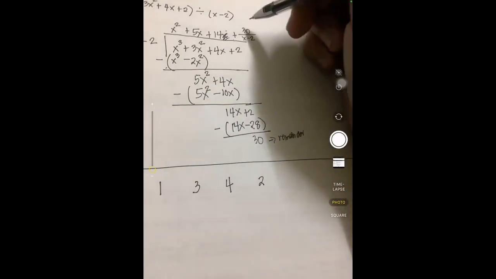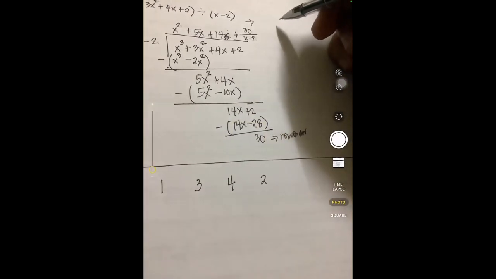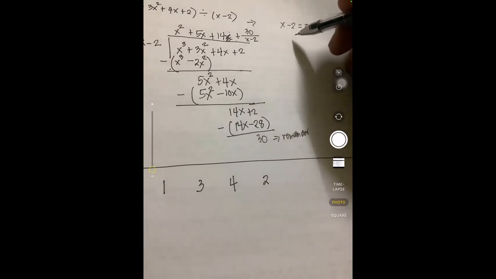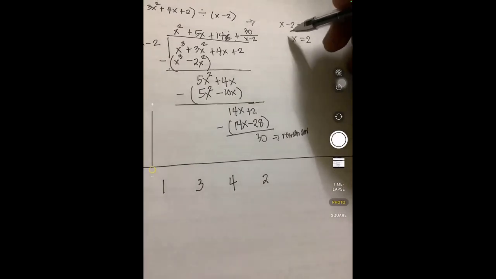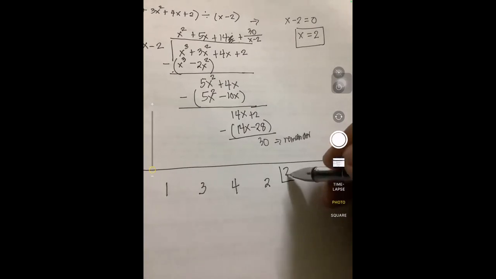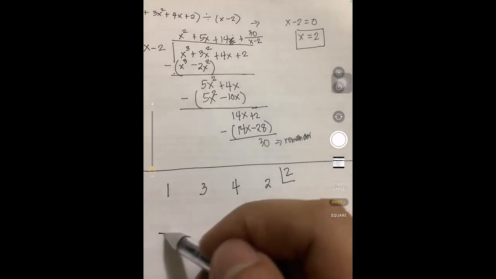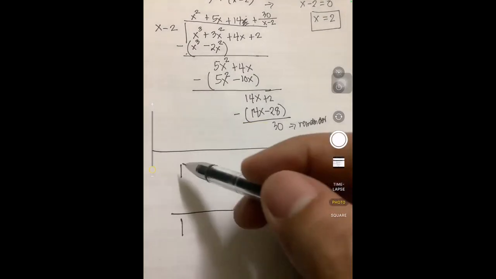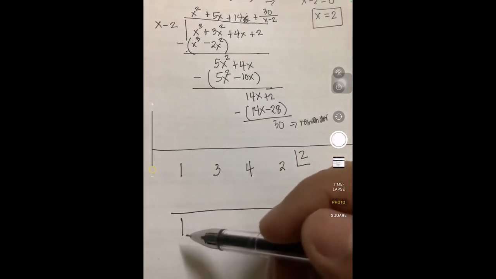If I equate our divisor x minus 2 to 0, x is equal to 2. That means the content of our box at the side is 2. First step, we bring down 1. The first number, we always bring down.